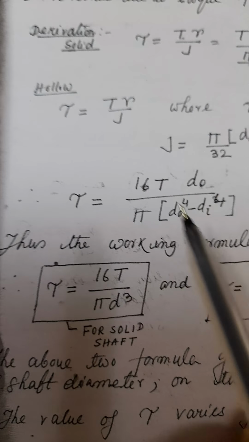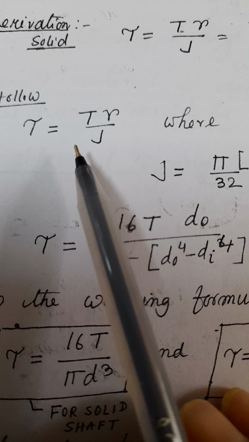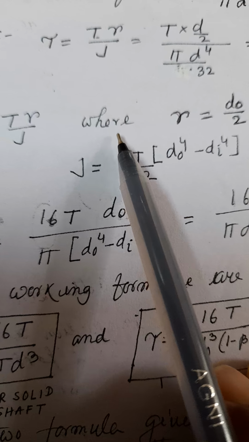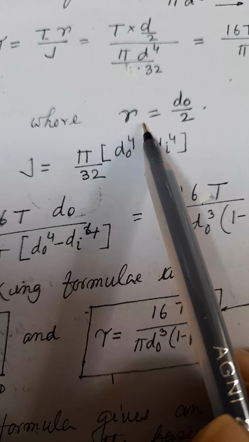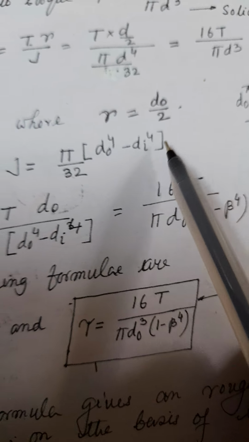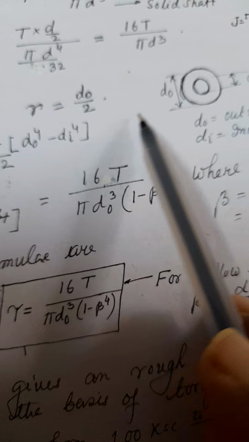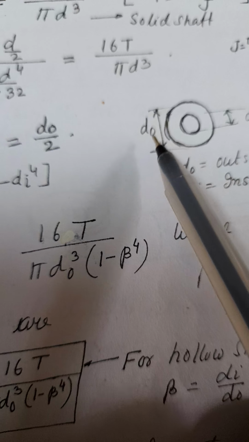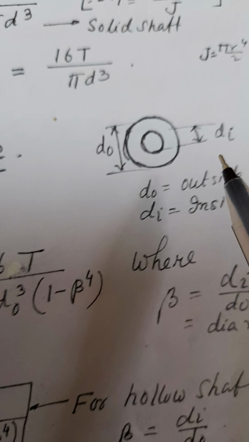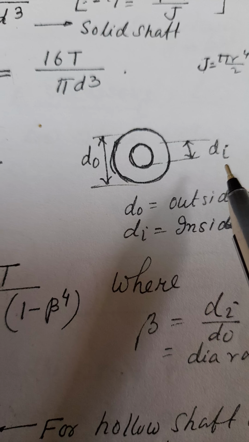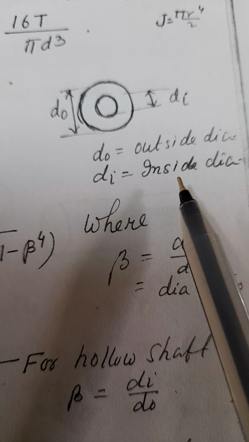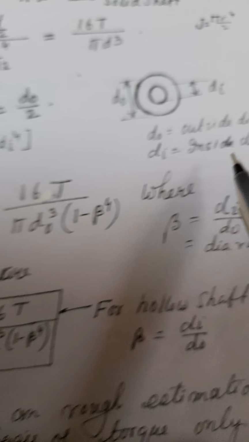Now for hollow shaft, the same formula is applied, but J will be different. D naught is the outside diameter, and di is the inside diameter.